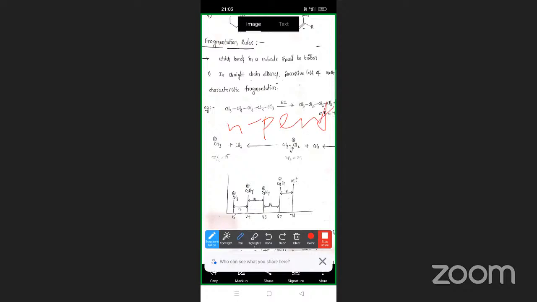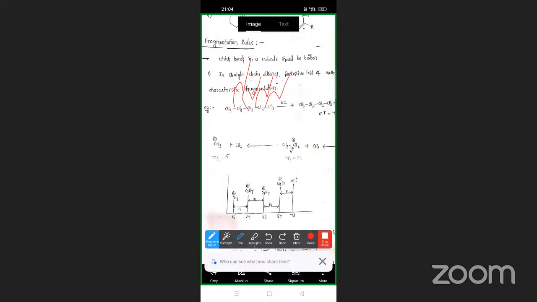If you cleave in the middle, you get propane and ethane, so this is not allowed. This is not the suitable or correct way of fragmentation. Sequentially, you have to remove first this methyl, then this one, then the next. This is the sequential removal of methylene.